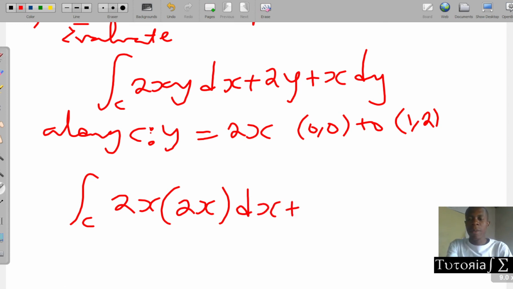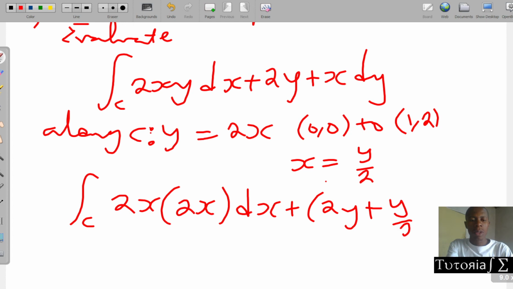Plus, remember we want everything here to be y, so we need to make this y. We can use this equation. We make x the subject, so x will be equal to y over 2. So now the equation becomes 2y plus, where there is x, we replace with y over 2, so we have y over 2, then dy.